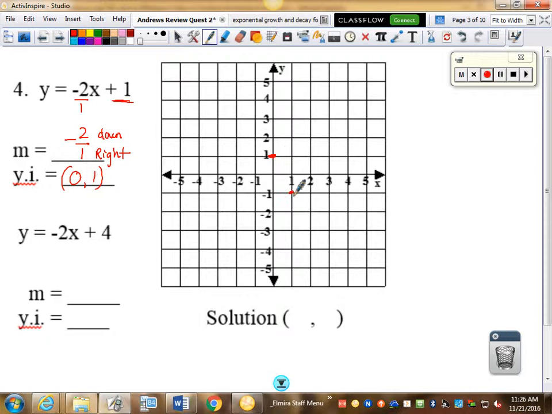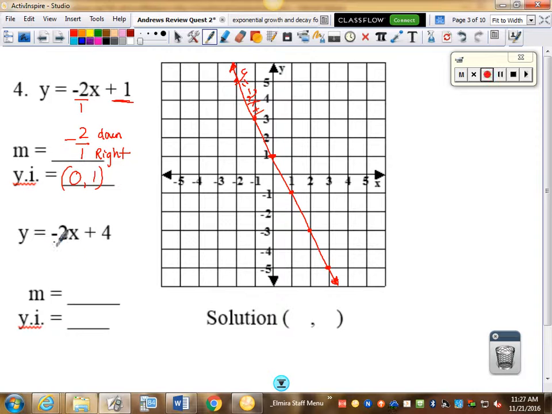Down 2, 1 to the right, and so on. I'm going to come back to the original point, up 2, 1 to the left. Okay, and label y equals -2x plus 1.